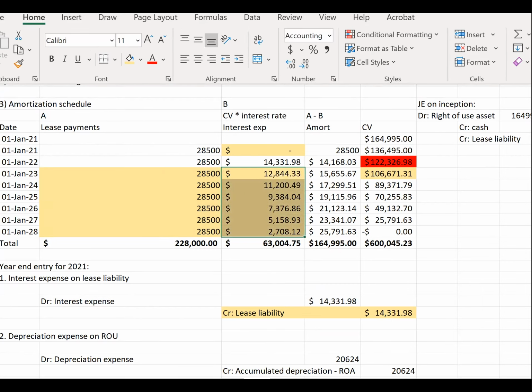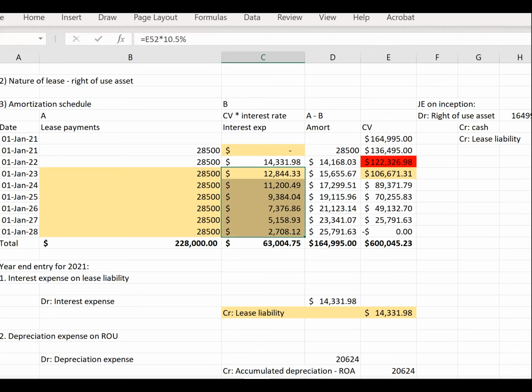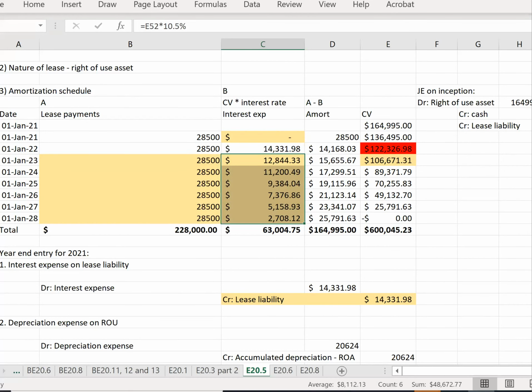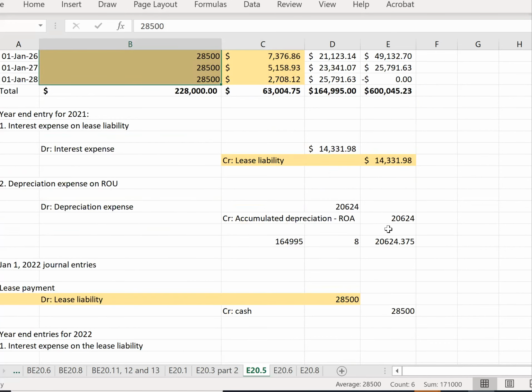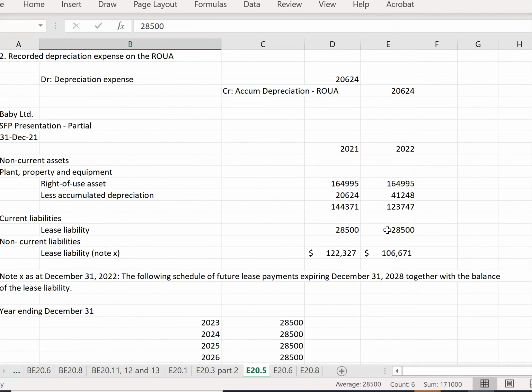And that sum, which you can see here, is 48,672. So it's the sum of these years, 2023 forward. Our total interest expense is going to be 48,672. Our total lease payments going forward are 171,000. And those are the exact numbers that we've picked up here in our schedule.